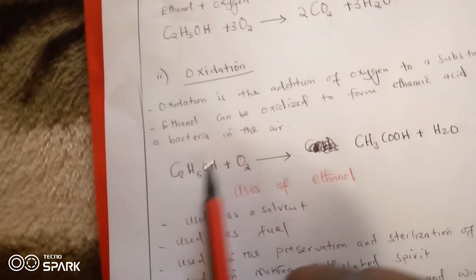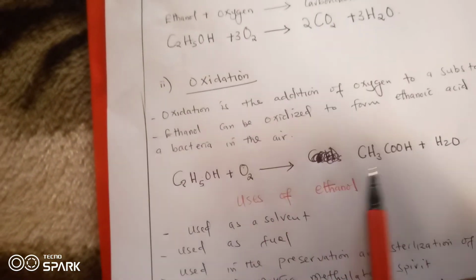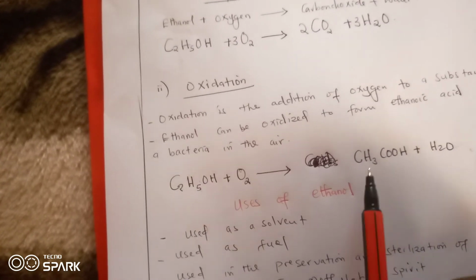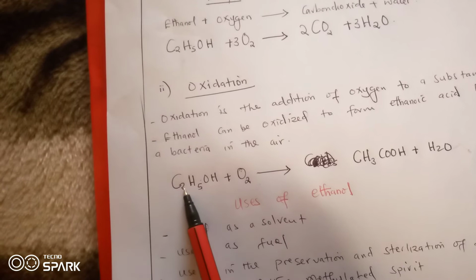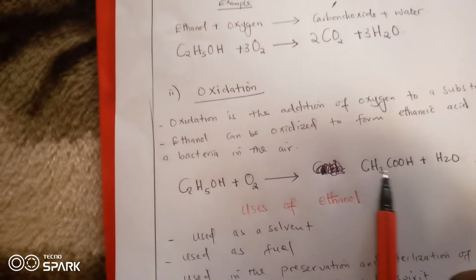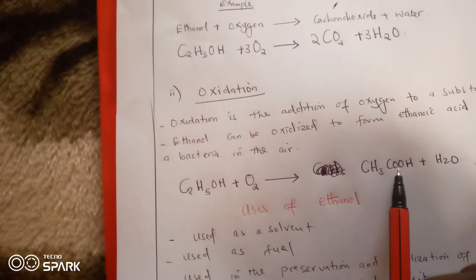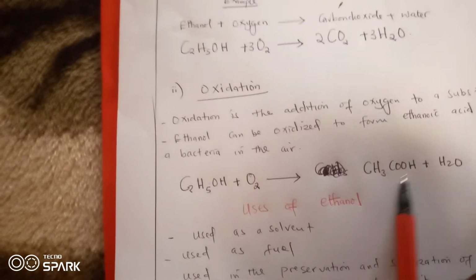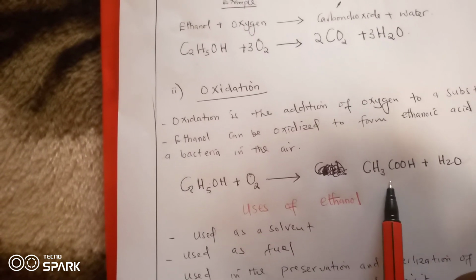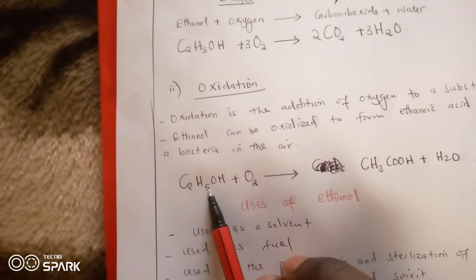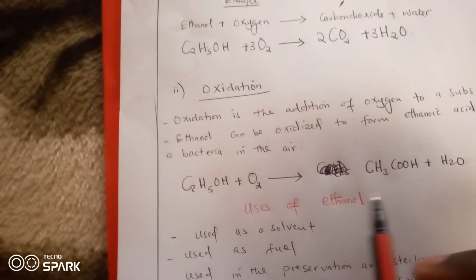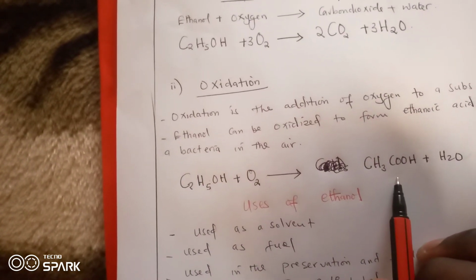So for example, ethanol, we add 1 oxygen there. So what you do is you split this carbon. The other one will be with the hydrogen. The other one will be OH. This is a carboxyl group. It is a group for acids, carboxylic acids. So this one is ethanol, but this one is ethanoic acid.